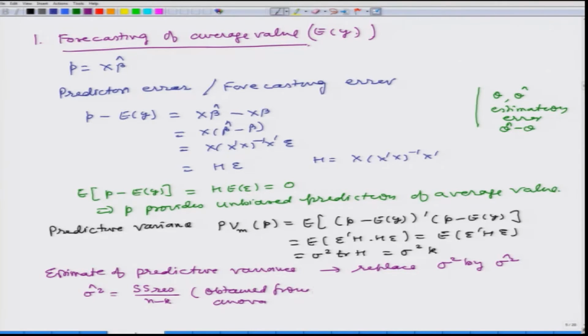So, in this case we can write that the predictive variance has an estimate of sigma hat square times K.